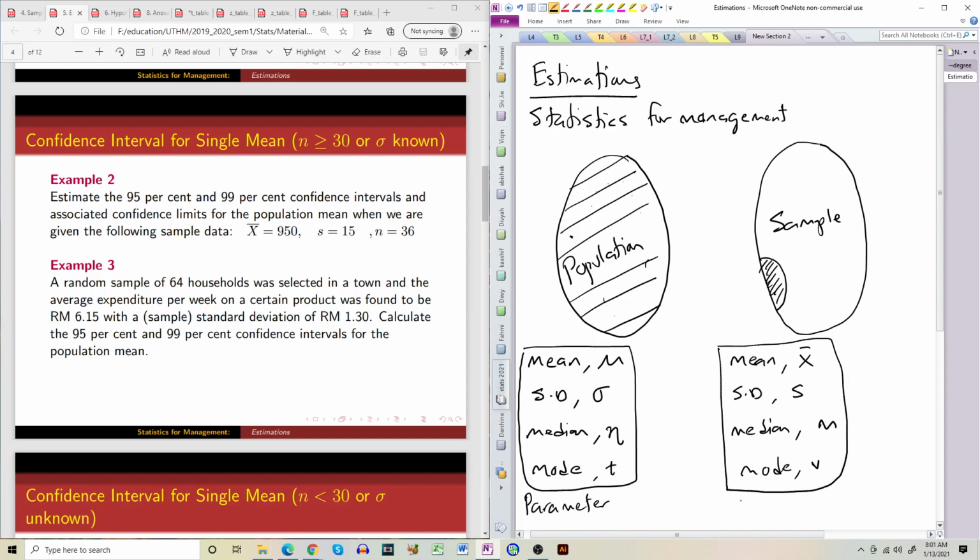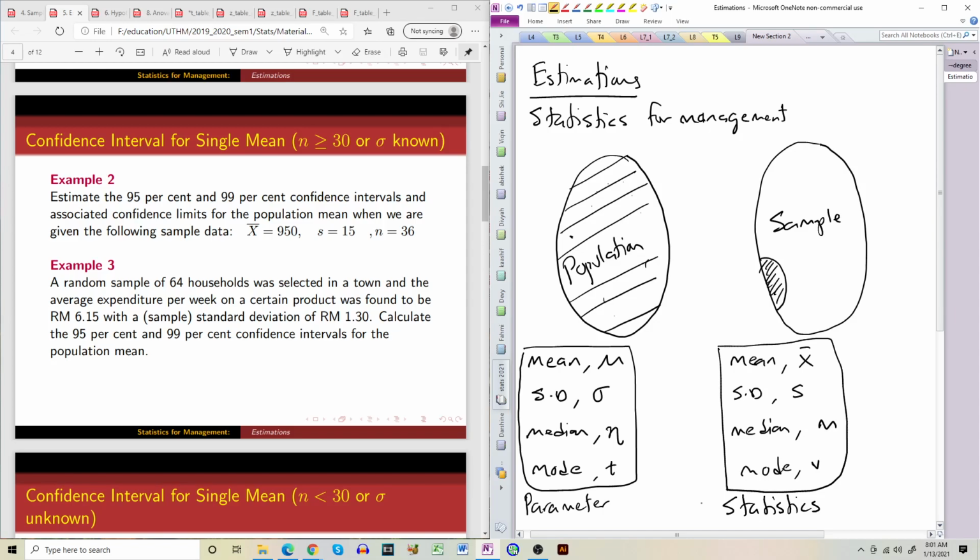If all these variables, mean, standard deviation, median, mode, are parameters for the population, then the same variables for a sample are known as statistics. A different name. Parameter is for population, statistic is for sample.